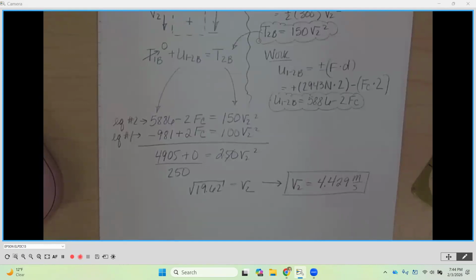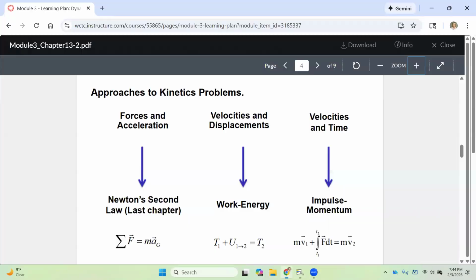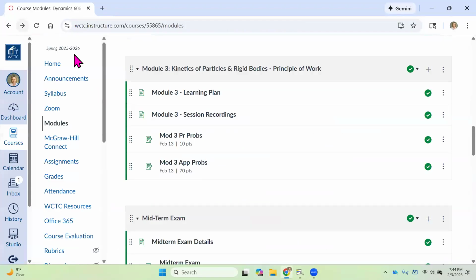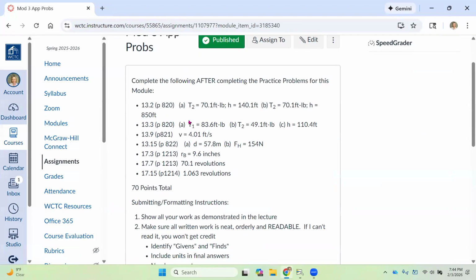All right, so those are the 2 problems that I wanted to do for chapter 13. Let's take a peek at the homework problems that you have assigned. I'm not going to work on those tonight, okay? But I just want you to know what's ahead. And I will go back and show you those things. For module 3, there are 4 chapter 13 problems, and I believe I've set you up pretty nicely for these.